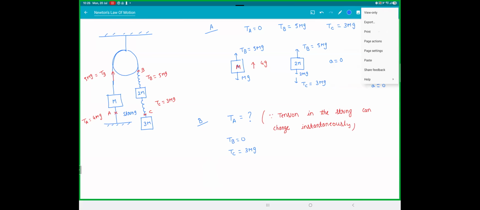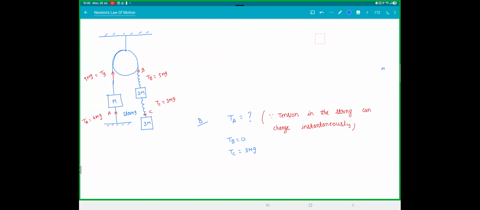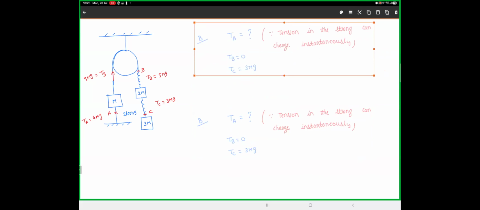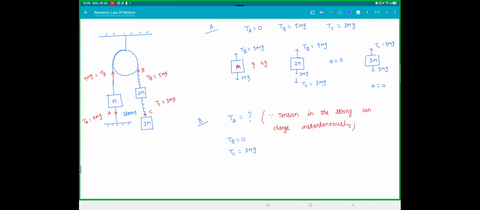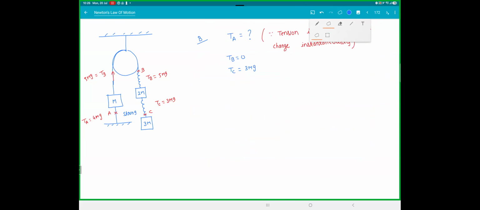I think I can do it in the next page. This TB became 0. You have mg.